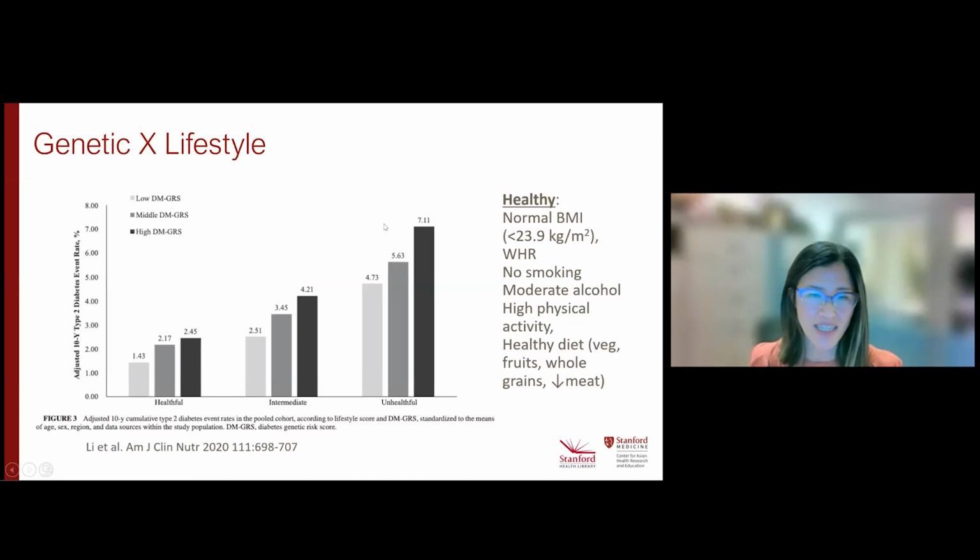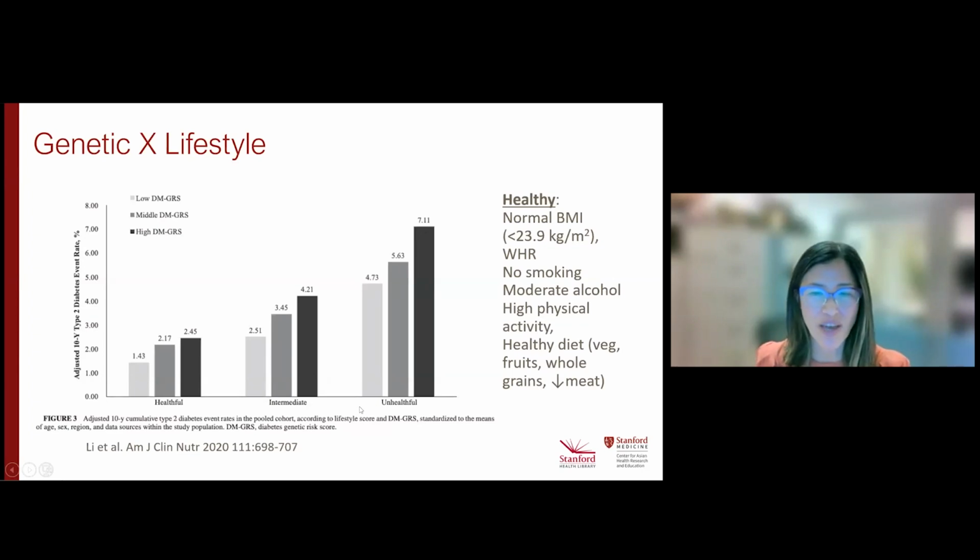This was a study conducted in a predominantly Chinese population, looking at diet, and they classified diet as healthful, intermediate, or unhealthful. They also looked at genetic risk by looking at certain genes that we know are associated with increased risk for diabetes, and they classified individuals as having low, middle, or high risk.